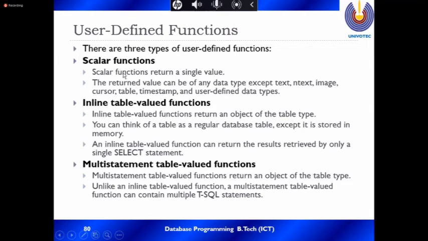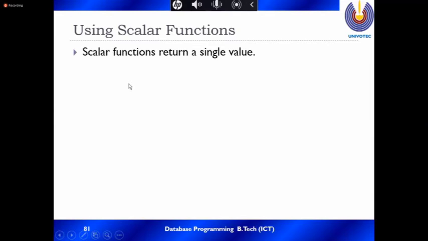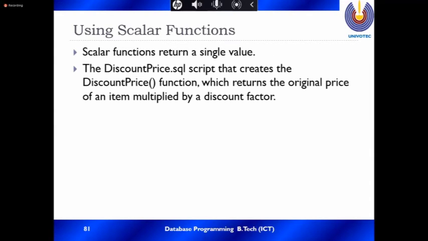Okay, we had three types of user-defined function: scalar function, inline table-valued function, and multi-statement table-valued function. One by one we can see, starting with the scalar function. The scalar function returns a single value.